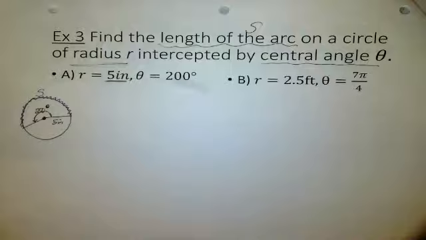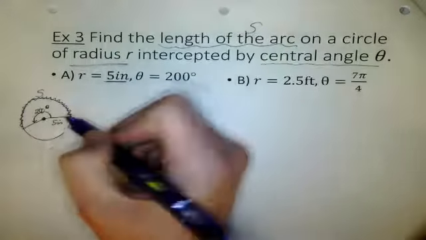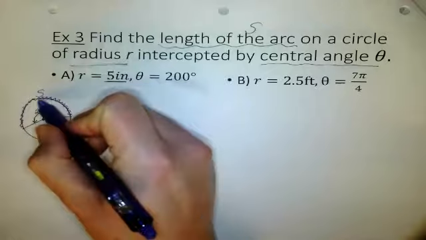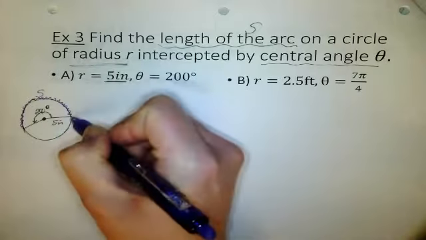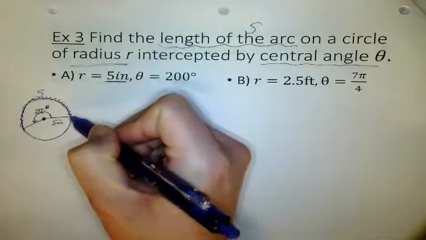S is a measure of what? This is the length going around the circle. What is it a measure of if it went all the way around? Circumference. Yeah? Okay.